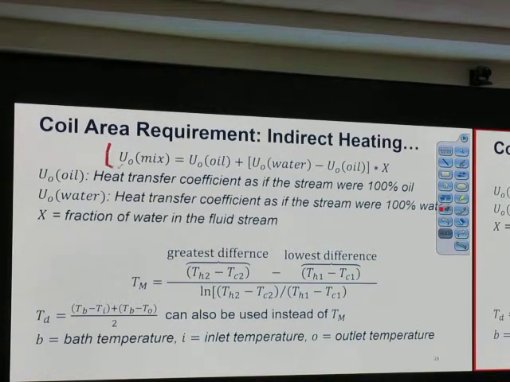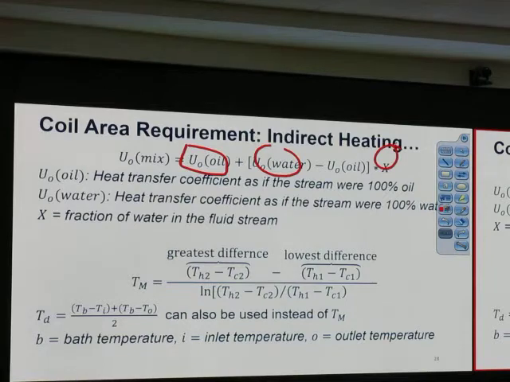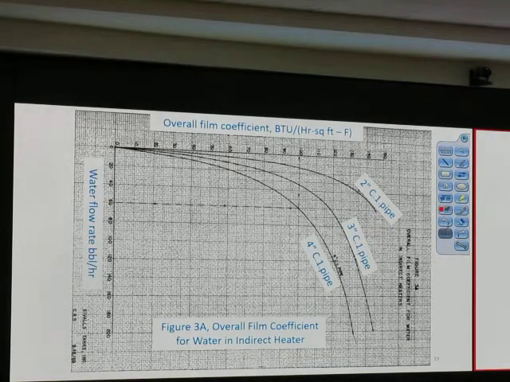This is the equation that does a more accurate U value calculation. It's kind of a weighted average: the U value of oil and the U value of water multiplied by the fraction to do the weighted average. Okay, the U value comes from this chart.